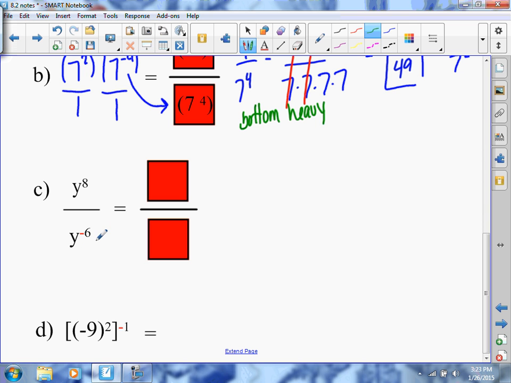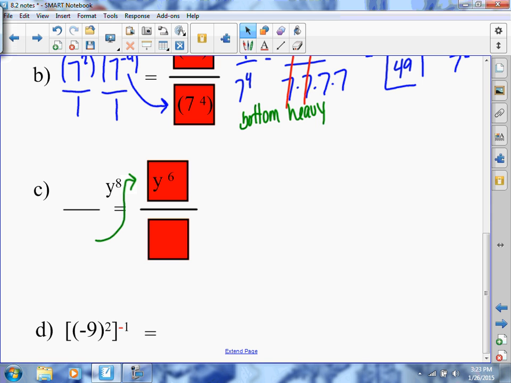So it is going to get moved from the denominator up to my numerator. And when I move it up, notice that the negative exponent goes away. Now the y to the 8th is just going to stay in the top. It's still in the top, so nothing really happens to it. And there's nothing in my denominator either now.